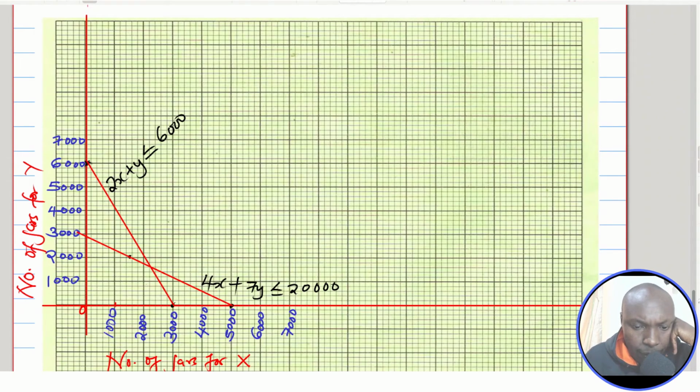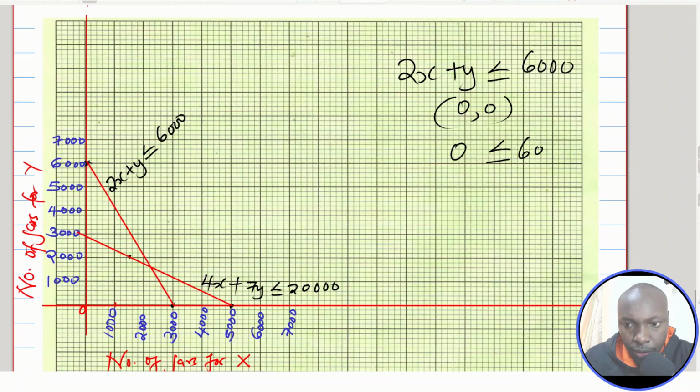So from there, we now need to shade the unwanted side. For the first one, 2x plus y less than or equal to 6,000, if you pick a point like 0, 0, you notice that 0 is less than or equal to 6,000. So that one satisfies, so automatically the other side becomes the unwanted side.